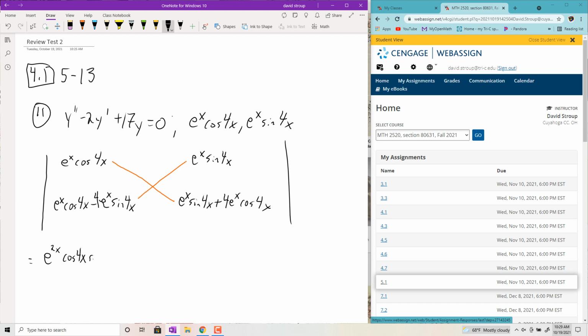Cosine 4x, sine 4x, and then plus 4e to the 2x, again, and then cosine squared 4x, and then minus this other thing, so that other diagonal, we have e to the 2x sine 4x, cosine 4x, minus 4e to the 2x sine squared 4x. Then you could distribute the negative and do some cancellation probably.